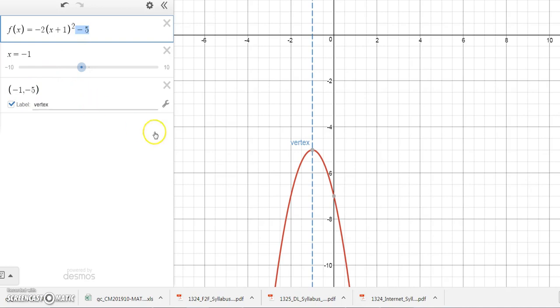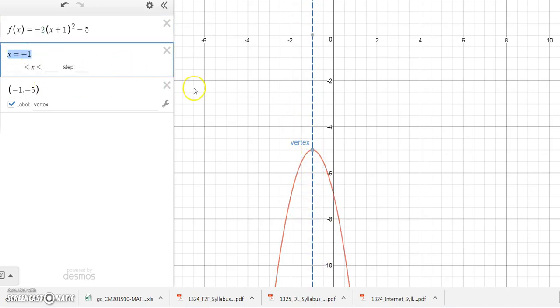So the vertex is this point right here, which is the point (-1, -5). And notice that a in this case, the negative 2, is negative, so it opens down. And also notice that this vertical line is the line that goes through the vertex, and that line is the line x equal negative 1. And that's actually your axis of symmetry.